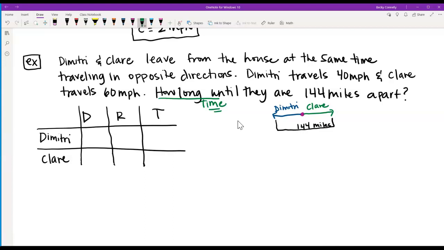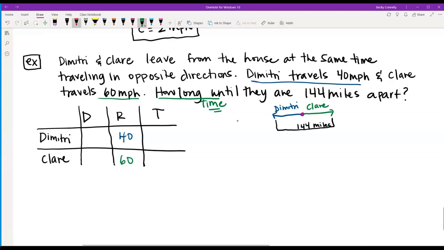Well, what do I know about the rate? Well, I know that Dimitri is going 40 miles an hour. Oops, let me do his in blue. So I know his rate is 40, and I know that Claire's rate is 60. Okay. And then what do I know about the time? Well, I know that they left the house at the same time.